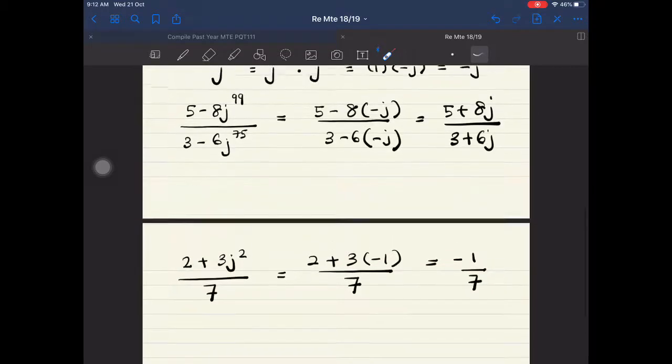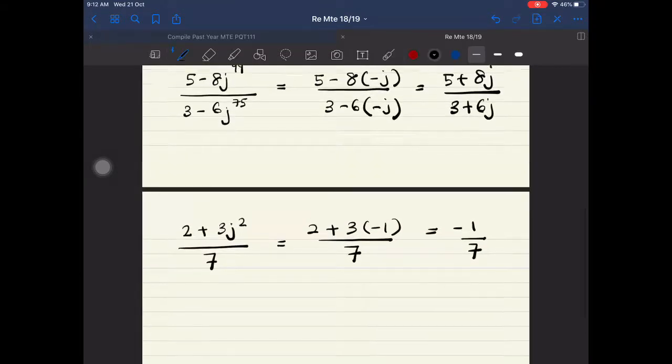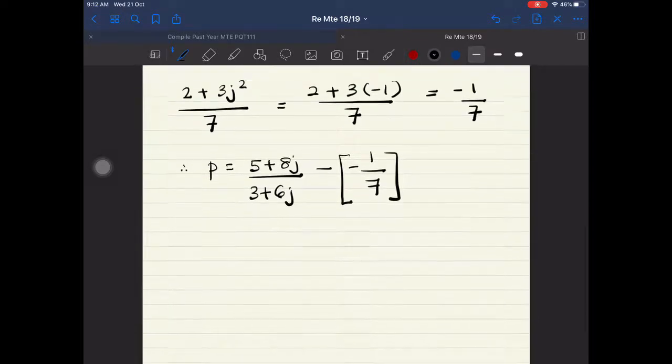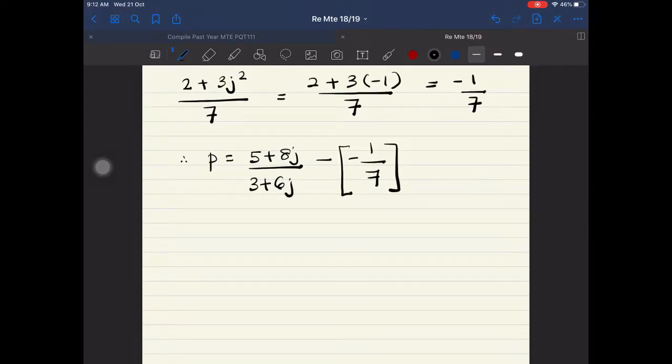Okay, so therefore your p is equals to 5 plus 8j over 3 plus 6j minus negative 1 over 7. Okay, so you will have your p is equals to 5 plus 8j over 3 plus 6j plus 1 over 7.